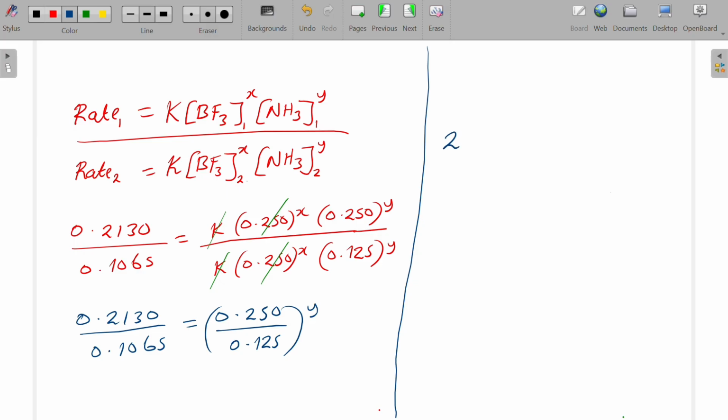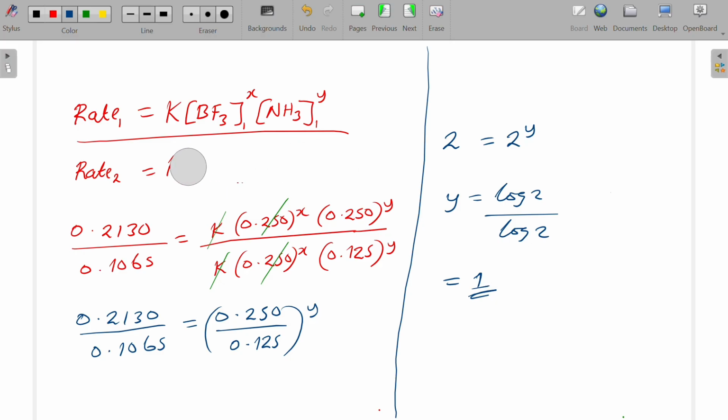All right, so when we divide 0.2130 by 0.1065, I'm getting a 2, and on the other side, I'm also getting a 2, and this is to the power of y. Using the same method we used earlier on, y will be equal to log of 2 divided by log 2, which gives us 1. It means the order of reaction according to ammonia here is first order. So that's what we have now.